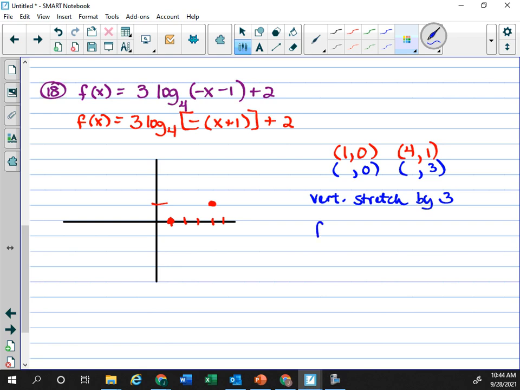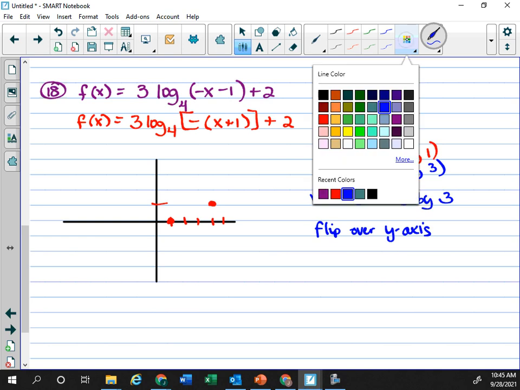So that is a flip over the y-axis. Which again just means multiplying those x values by a negative 1, okay? So 1, 0 is now negative 1, 0. 4, 3 has become negative 4, 3. So I'm going to go ahead and plot those.